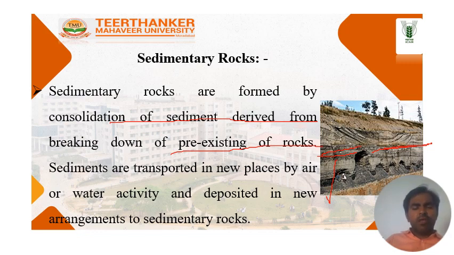The sediment material is transported to a new place by the activity of air, water, and some other agents, and after transportation it is slowly deposited and forms the sedimentary rock. So this is about sedimentary rock.